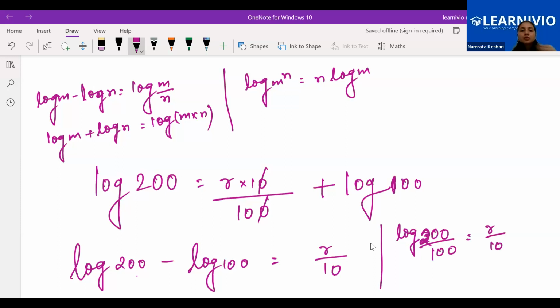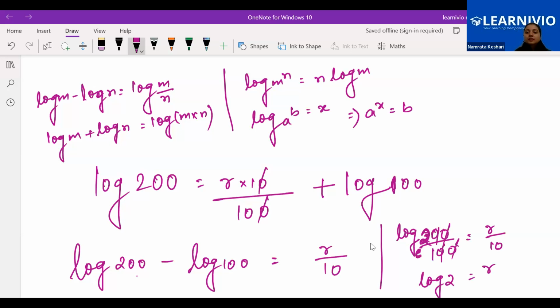Logarithm to exponential form: log implies a to the power x is equal to b. So here we will be taking a as e. E to the power, so first let's remove it. Log 2 is equal to r by 10.